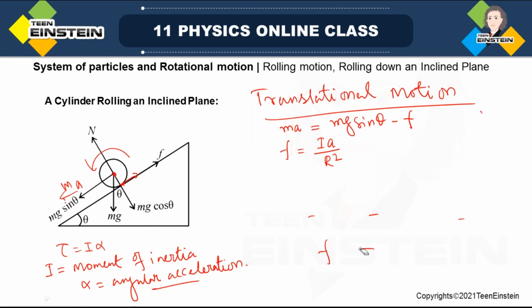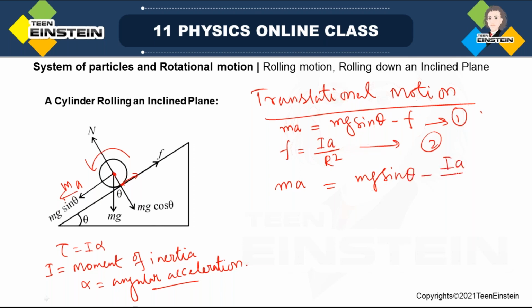Now I is the moment of inertia, as we have written here. You can have a look over here. This is equation 1, and this is equation 2. If we put 2 into 1, what we get is m into a is equal to mg sine theta minus I into a by r square.